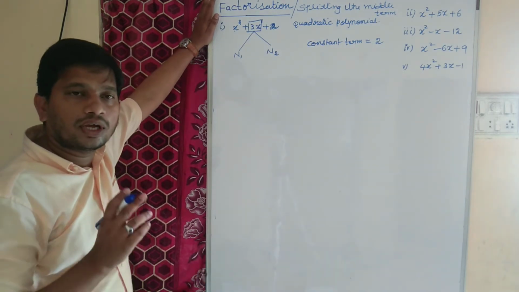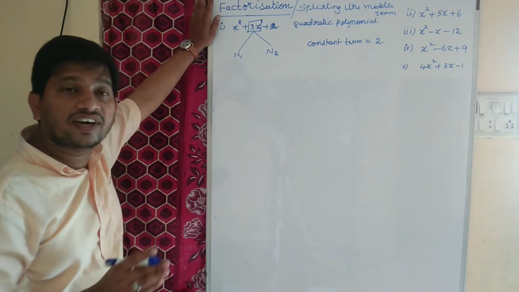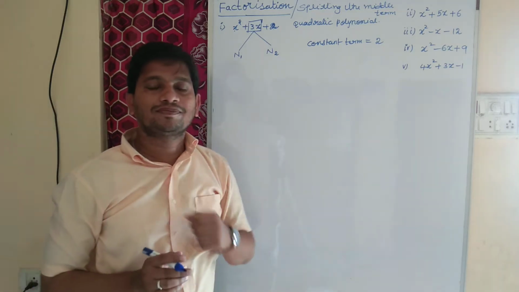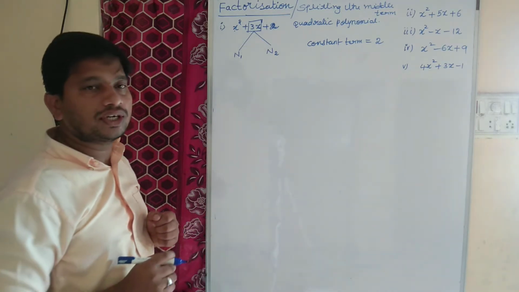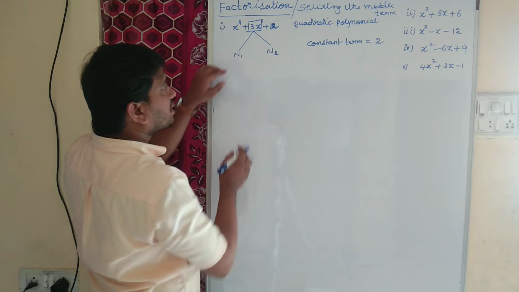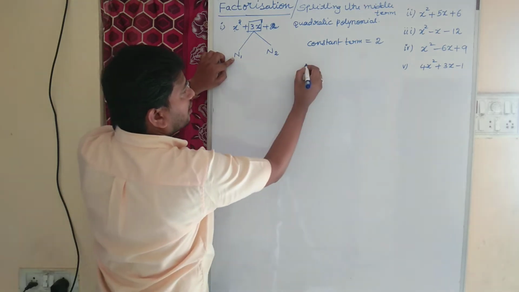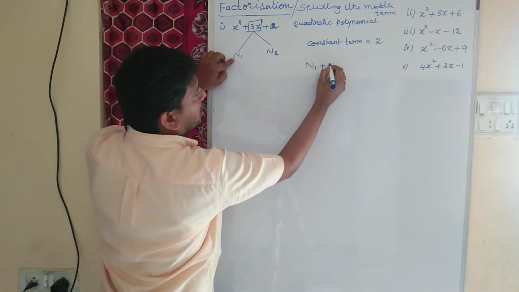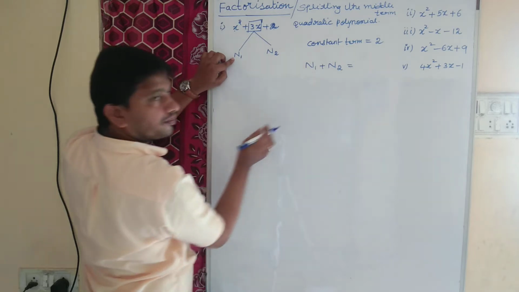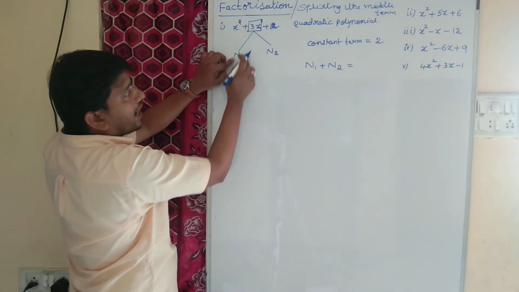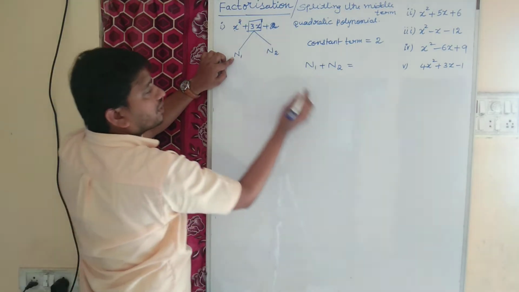Here it has to satisfy two conditions. What is the first condition? When we add number 1 and number 2, we need to get the middle term.